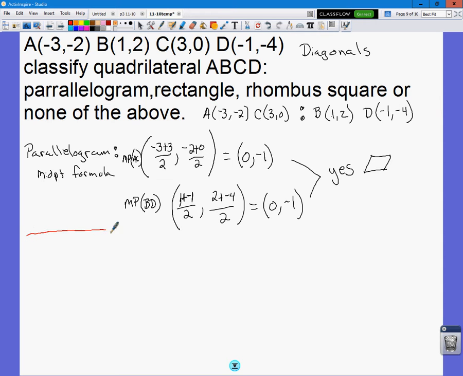The order in which I check to see whether it's a rectangle or rhombus doesn't matter. I'm going to check rectangle first. And I'm going to check the rectangle by using the distance formula.